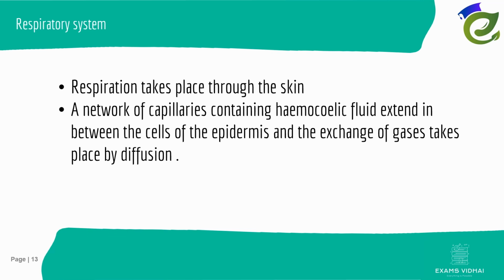So, the exchange of respiratory gases takes place by diffusion in a leech. Oxygen is dissolved in water and it diffuses through the skin into the hemocoelic fluid, while carbon dioxide diffuses out of the hemocoelic fluid. So, this is the mechanism of respiration in a leech.